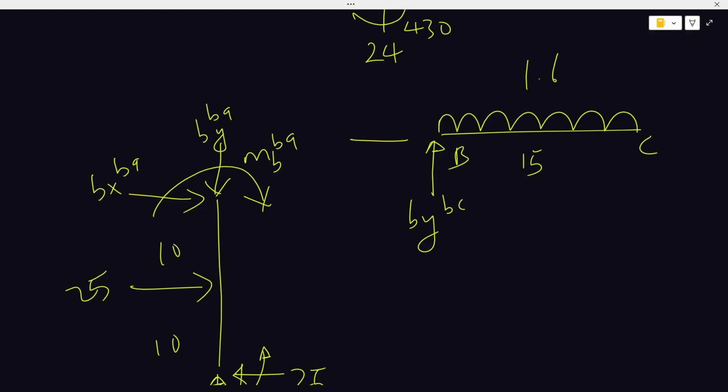So this will now be in this direction, BX, BC, and also a moment which is acting in the opposite direction to the one at MBBA at B, so we're having an opposite direction of moment, which is MBBC.